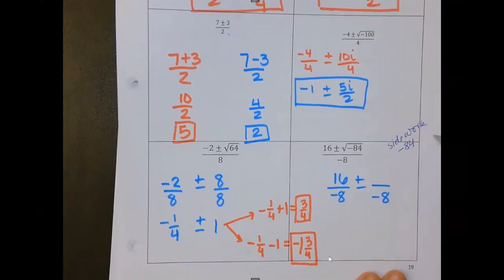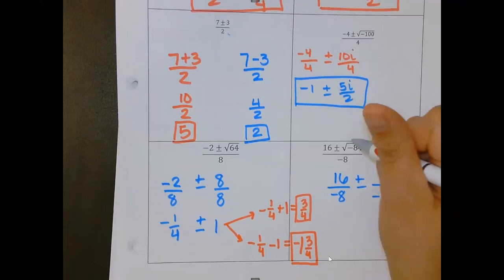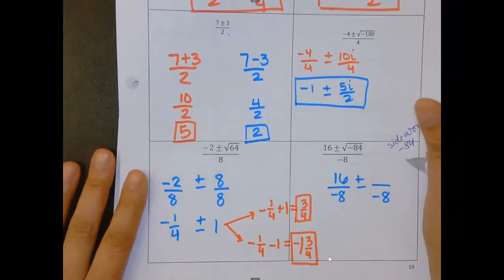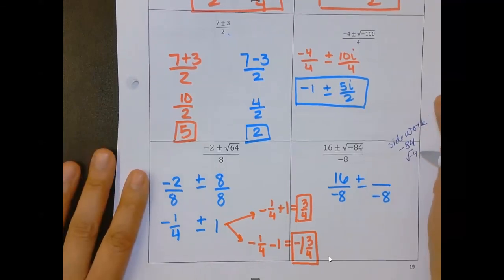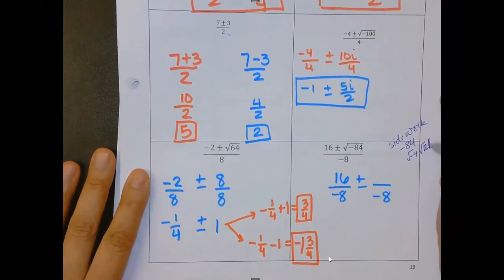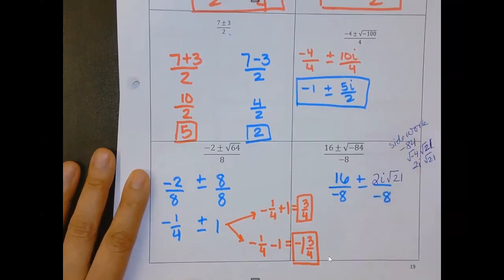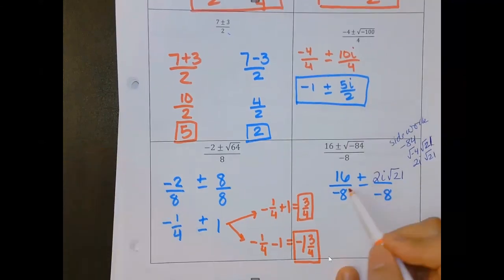I know it's going to have an i. 84 divided by 4 is 21, so it's just going to be, sorry, 4 times 21, this is 2i root 21. Reduce here.